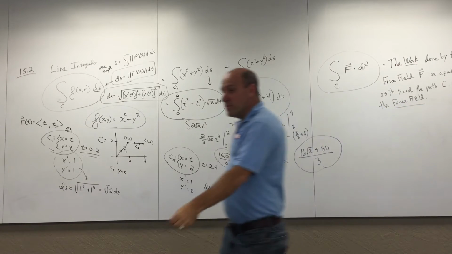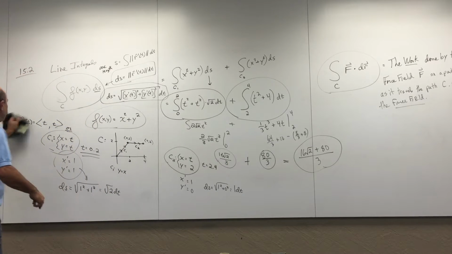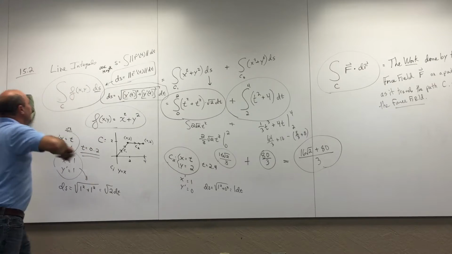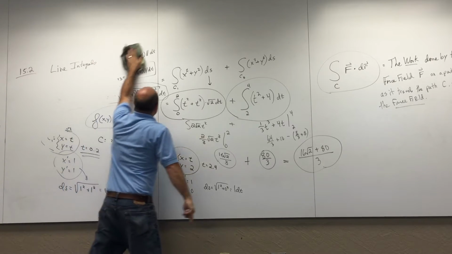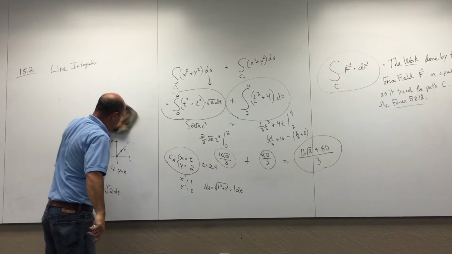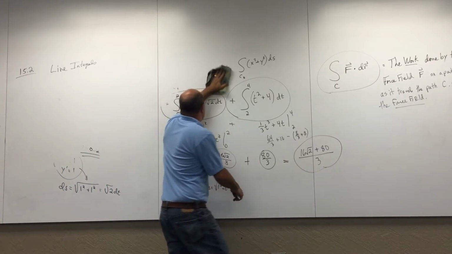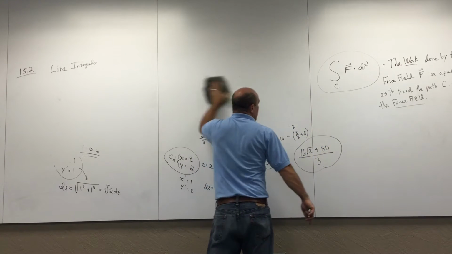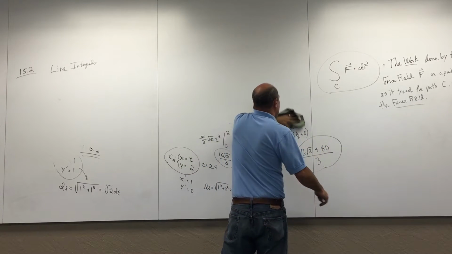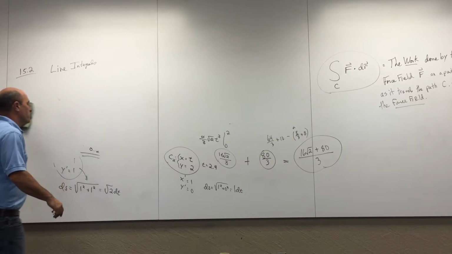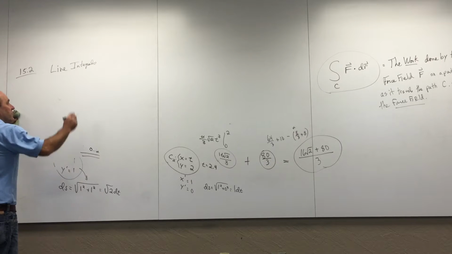Yeah, so cool. Let's do one of those problems. Let's get rid of this. Let's do one of those problems. All right, so what do I got to do one of those problems?